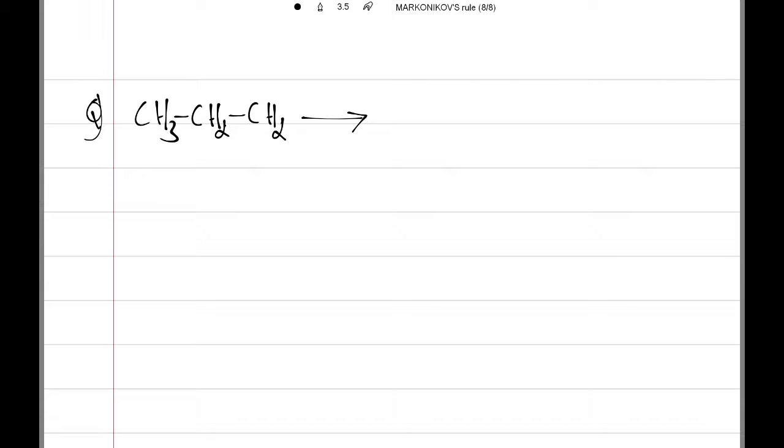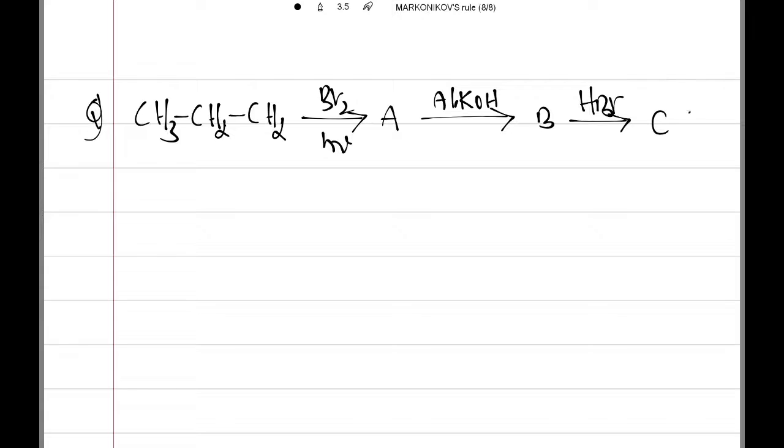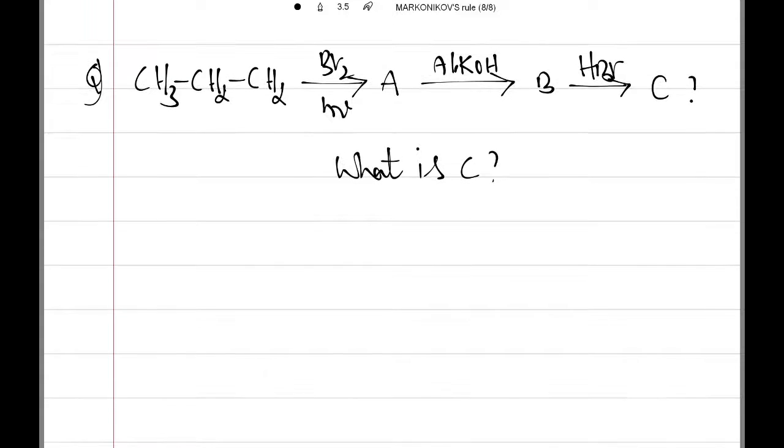When I react this with bromine in presence of sunlight, I can get the A product. If I react A with alcoholic KOH, I can get the B product. B on reaction with HBr gives the C product. So what is C?